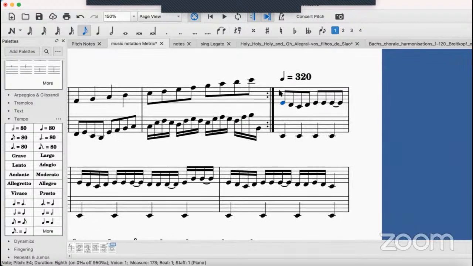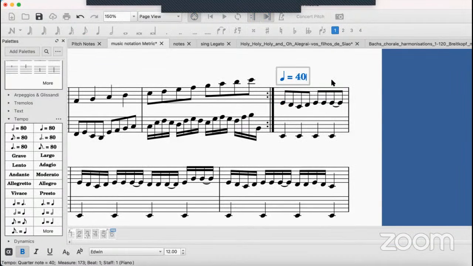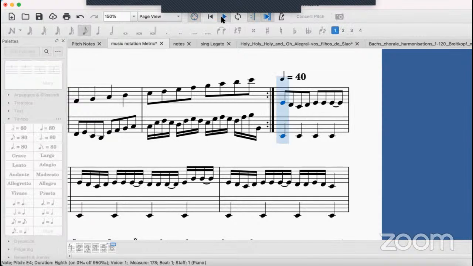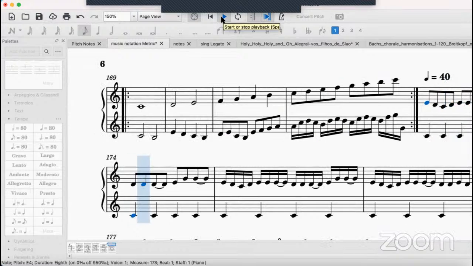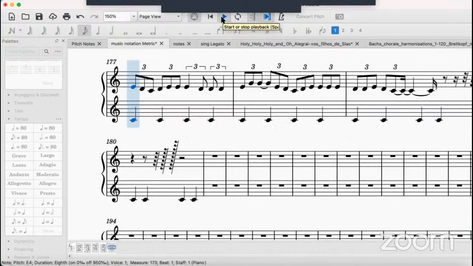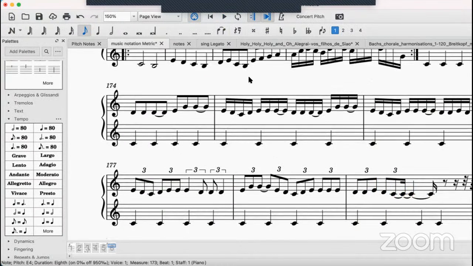Now the quarter note is slower. Changing the tempo does not change the rhythm.